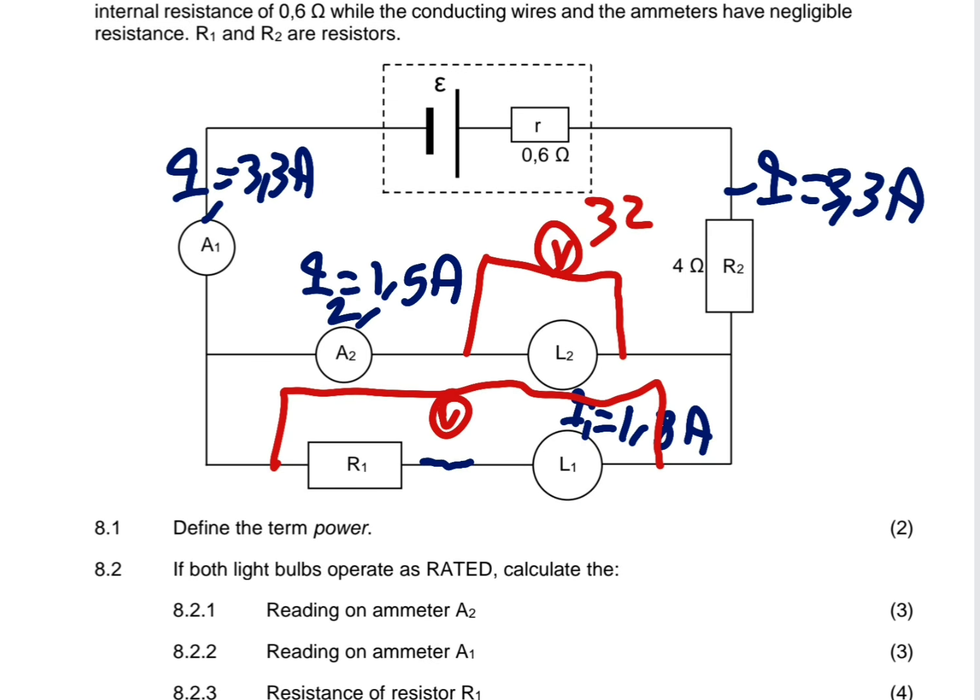They are still the same. The only reason why L1 has a voltage of 20 volts is because it's in series with R1, which means R1 took the rest of the voltage. So the other 12 volts is lost here at R1. Because R1 and L1 are in series, they share the voltage, but when I add them together, they give me 32 volts. That is why R1 and L1 are both in parallel with L2.